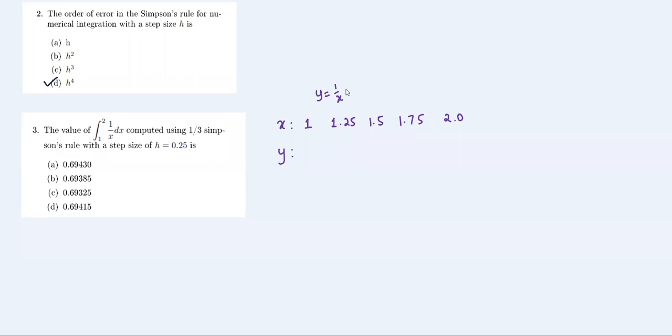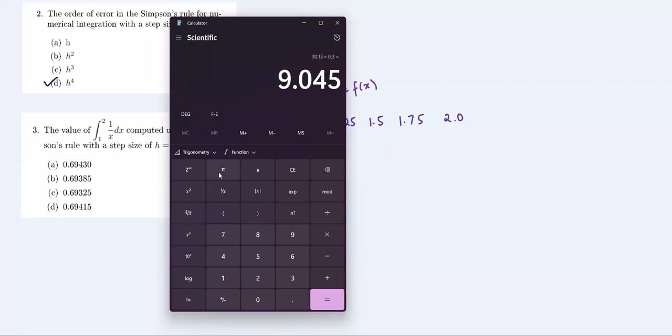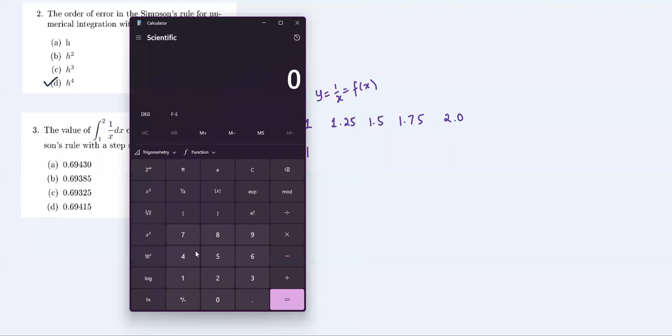Now the y value: y is 1 by x here. f of x is 1 by x. So 1 by 1 is 1. Then 1 by 1.25. So 1 divided by 1.25 is 0.8.